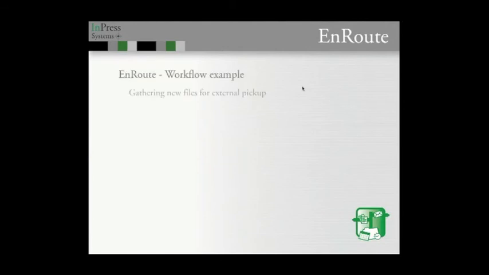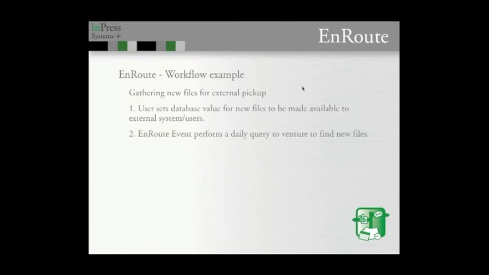Another workflow example, a real-life example: we have a customer gathering files for external pickup. So someone else needs to pick up files on a regular basis. The way this is set up is that the user sets a database value for new files that they want to be made available. One time daily, we will query and find those files. They can be spread out over all of the file system.